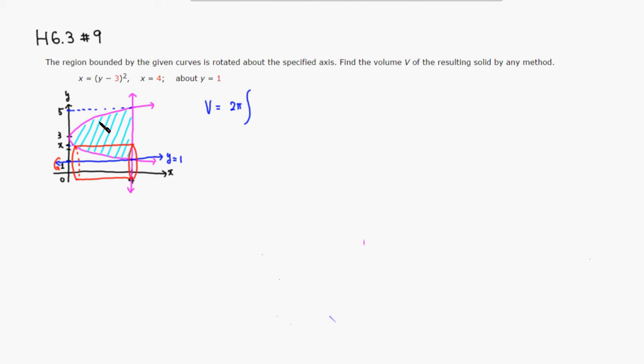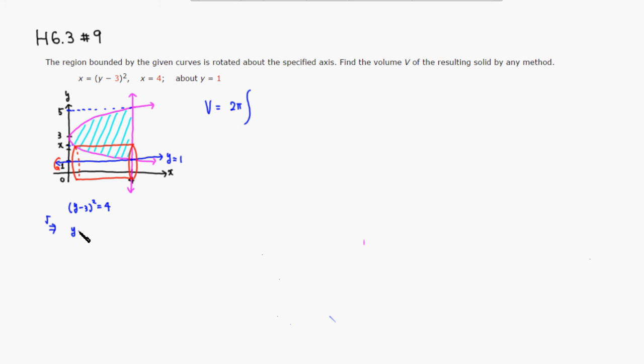You can just find the intersection between this sideways parabola and x equals 4 there. So we can just set them equal to each other. Set (y minus 3) squared equal to 4. Take the square root of both sides.